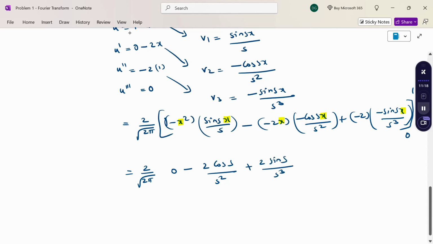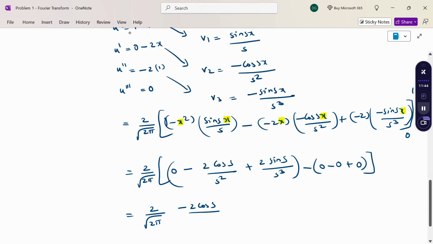So this is our upper limit. Minus the lower limit: the first term 1 minus 0 times sin 0 is 0. So first term 0, then minus into minus plus, plus into minus minus, 0 into any term 0, then plus sin 0 is 0. So now we have the value 2 by square root of 2 pi, times minus 2 cos s by s square plus 2 sin s by s cube.